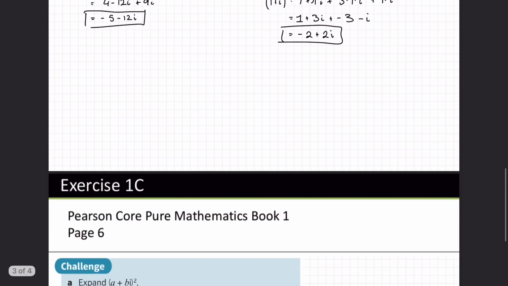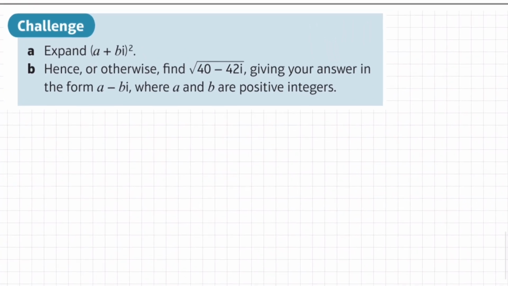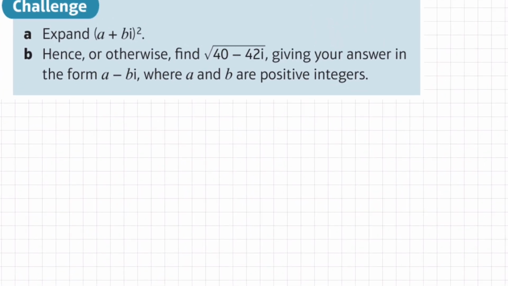Great. Okay, so now you want to look at exercise 1C in the book, and I've left the challenge question, so I will look at that now. So we want to expand (a plus bi) squared, so part A. We expand it out.